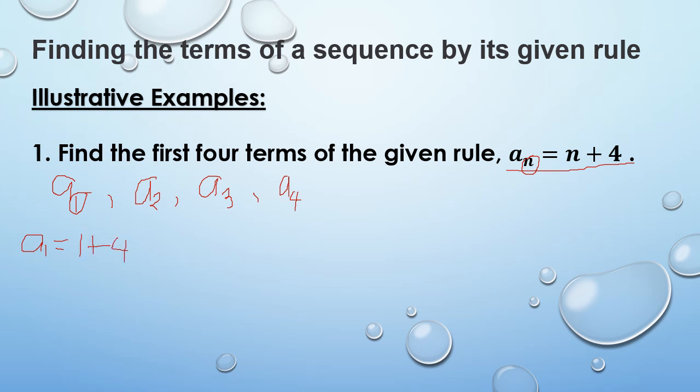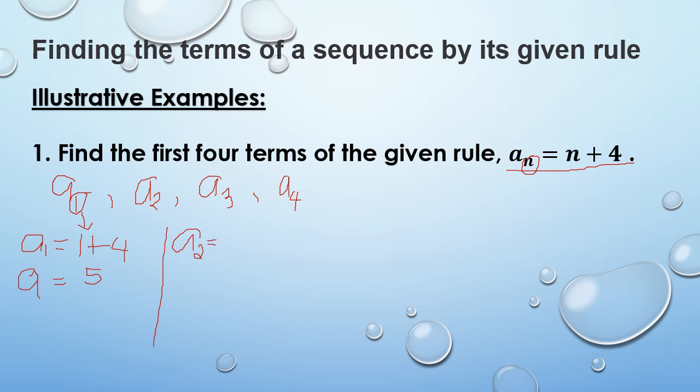How did we get 1? That is the n here. So that is 1. So a sub 1 is equal to 5. Okay, next. A sub 2. So, madali lang po siya.